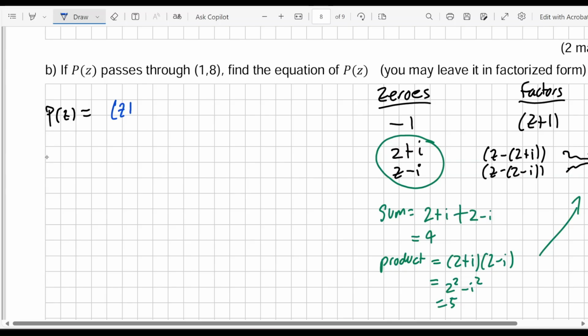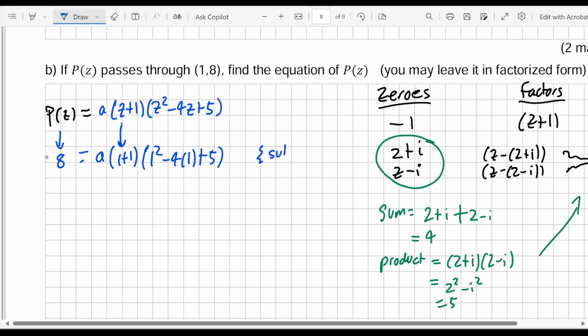So it's z plus 1, and then it's z squared take 4z plus 5, and you've got to have a scaling factor out the front, a. How do we find a? Well, I've given you a point. So we're going to plug in 8, and then we're going to plug in 1 for the z value. 1 squared, take 4 lots of 1 plus 5. So 1 plus 1 there, a equals 8.